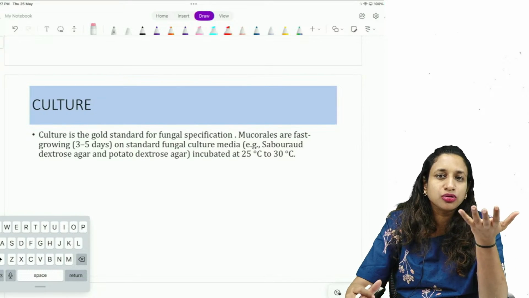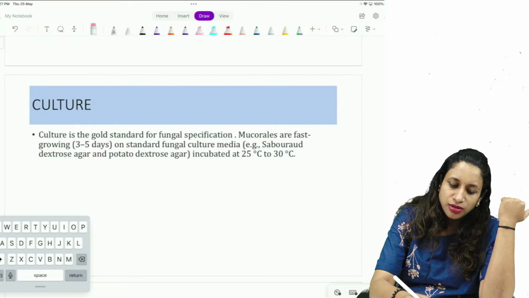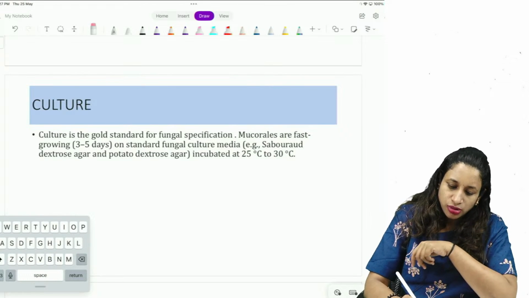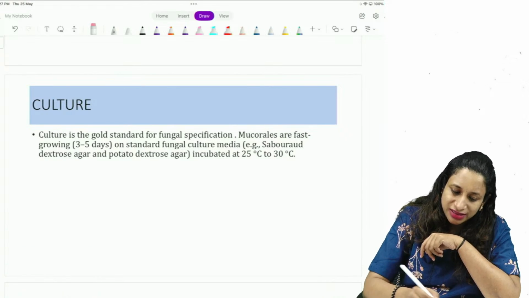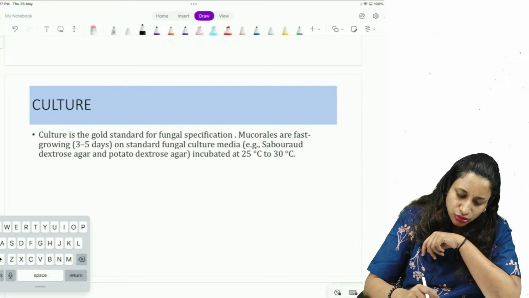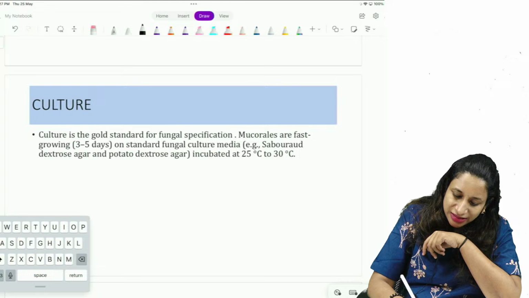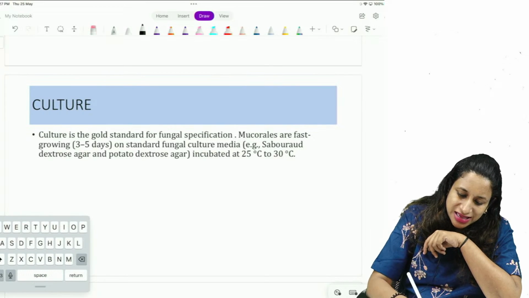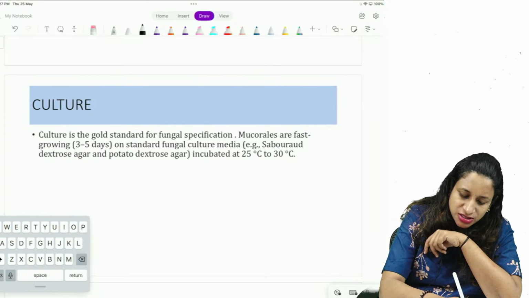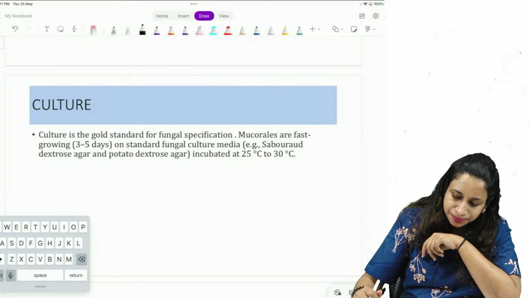So based on the growth, it's very, very important to know. Now one thing that you have to remember here is, when it comes to these organisms, they tend to grow very quickly, so it doesn't take too long for it to grow, and these are what are considered to be as lid lifters. So what exactly do you mean by that?